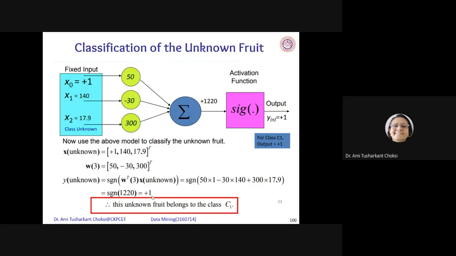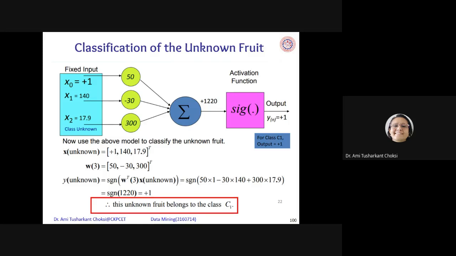Why is it plus 1? It is because SGN is an activation function. It says that if the parameter given to it is positive, then the answer will be +1, and if it is negative, it will be -1 as the output, which will be class 2.